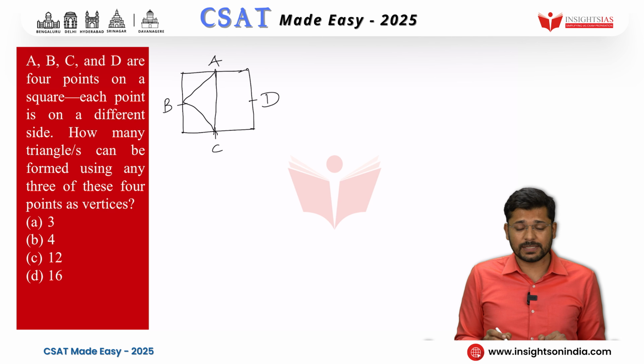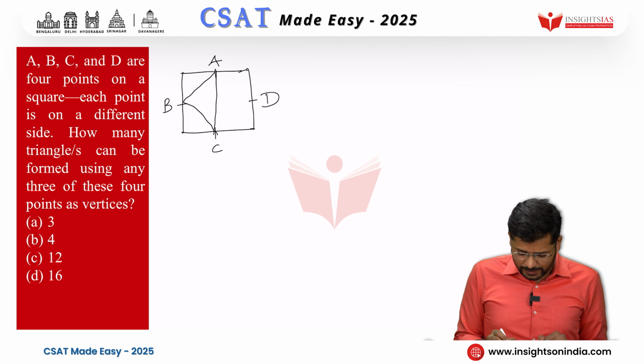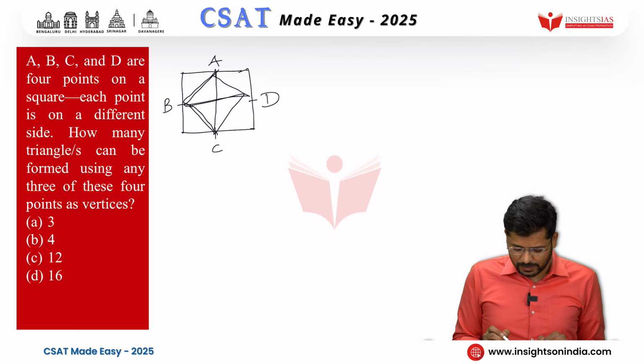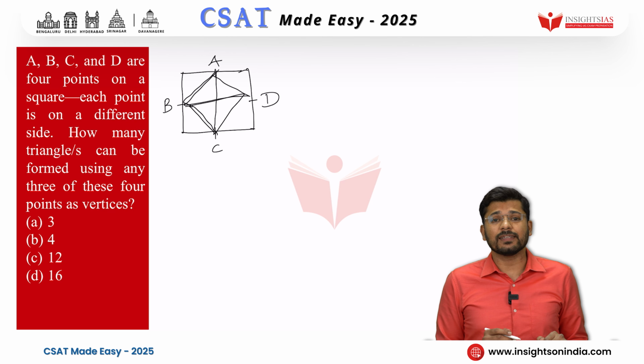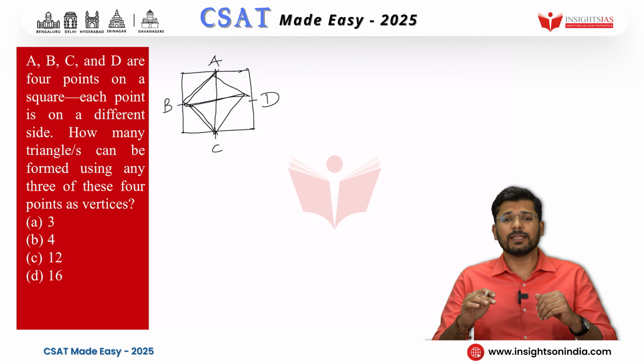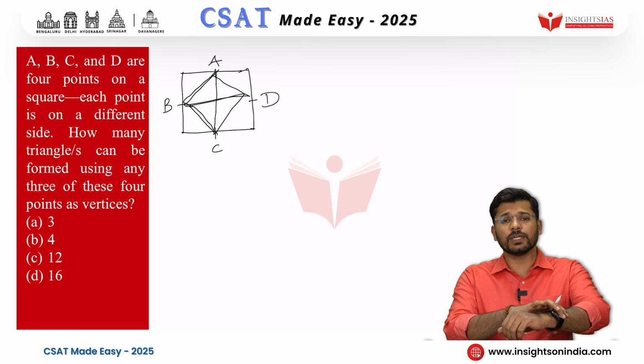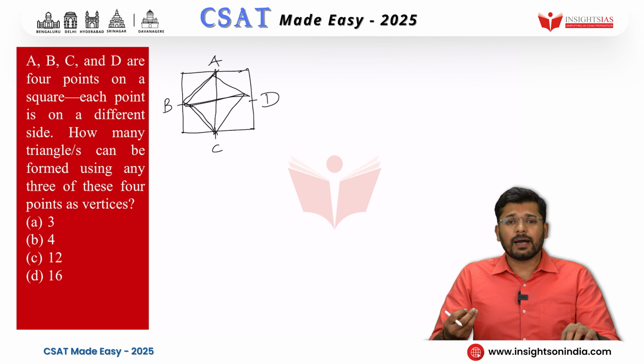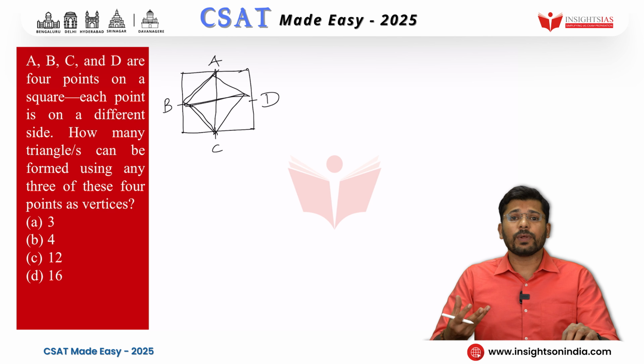They can form ABC or they can form ABD or they can form BDC. Such way, how many triangles are possible? This question demands the usage of combination concept.